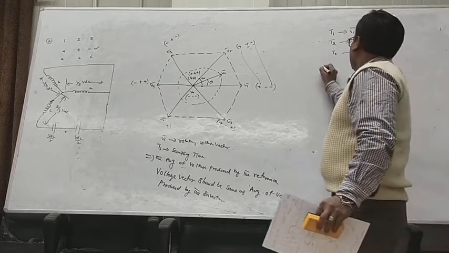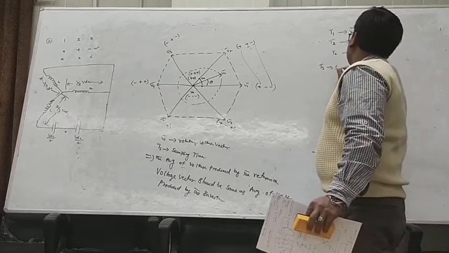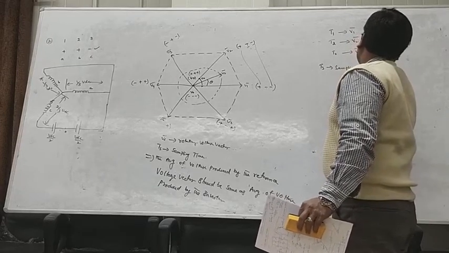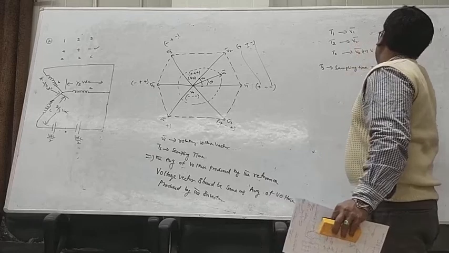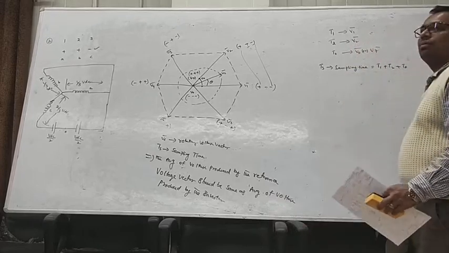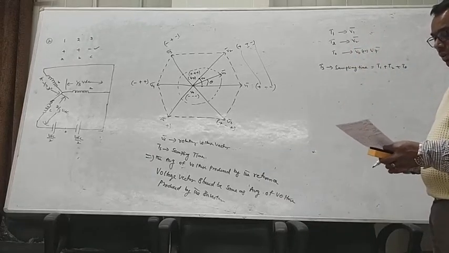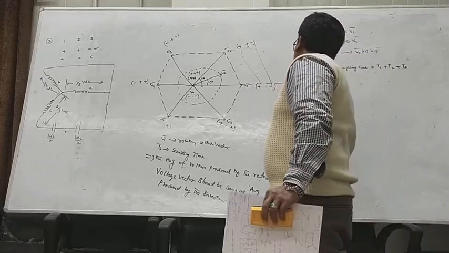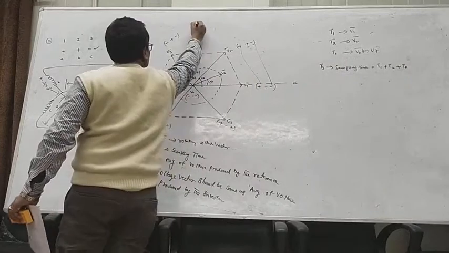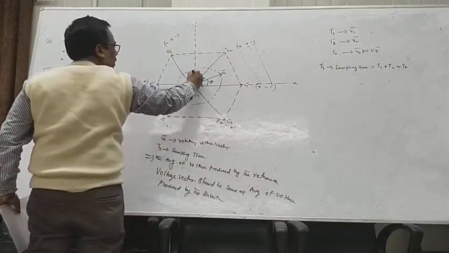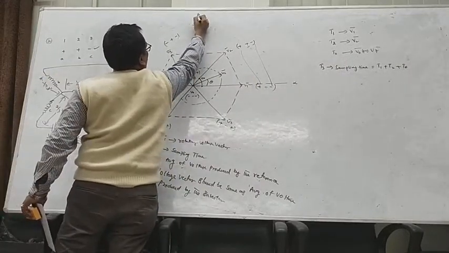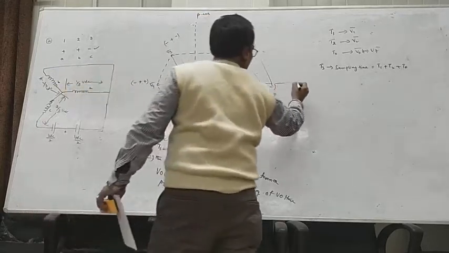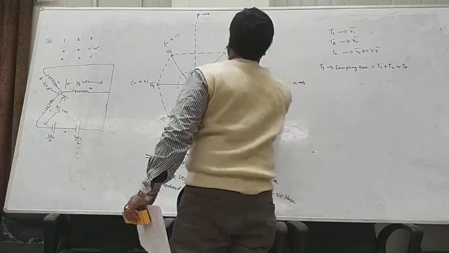So the sampling time Ts is equal to T1 plus T2 plus T0. Let us consider this as the alpha axis and this as the beta axis.